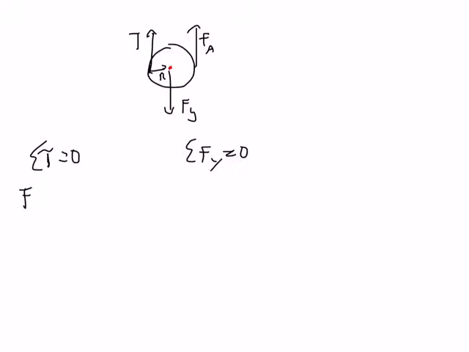So we have the applied force times R, which is positive because that would cause it to rotate counterclockwise, minus the tension times R equals 0. The R's cancel, and we find that the applied force and the tension must be equal.